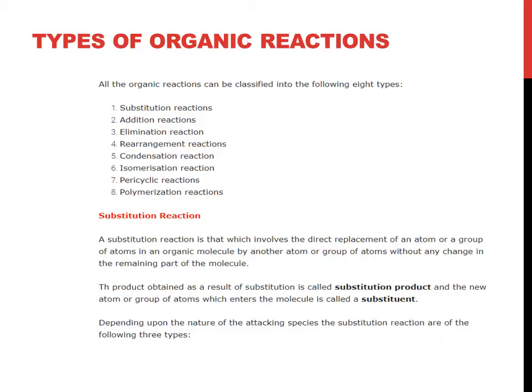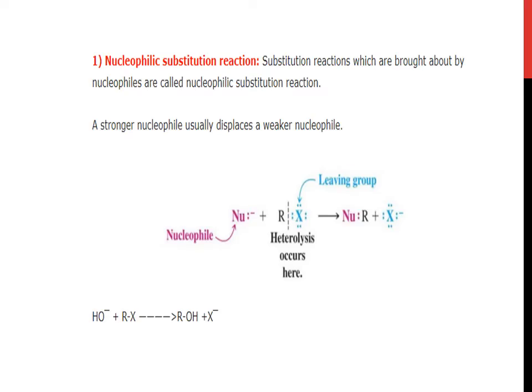Depending upon the nature of the attacking species, the substitution reactions are of the following three types. Number 1. Nucleophilic substitution reaction. Substitution reactions which are brought about by nucleophiles are called nucleophilic substitution reactions. A stronger nucleophile usually displaces a weak nucleophile. So here is the nucleophile.